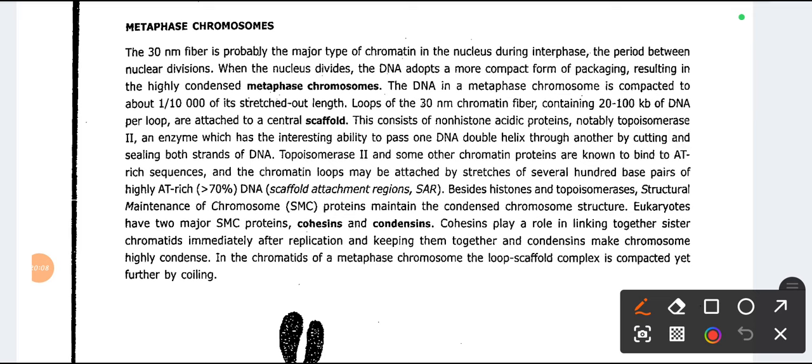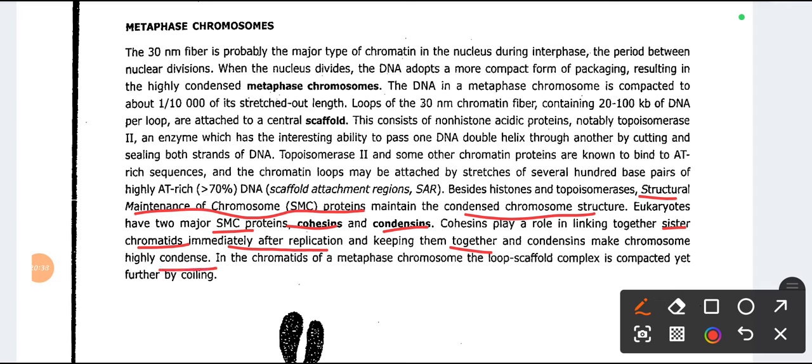Some proteins maintain the condensed state, and eukaryotes have two SMC structural maintenance of chromosome proteins, cohesin and condensin. What is the role of cohesin? It plays an important role in linking sister chromatids immediately after replication and keeping them together, and condensins make the chromosome highly condensed.